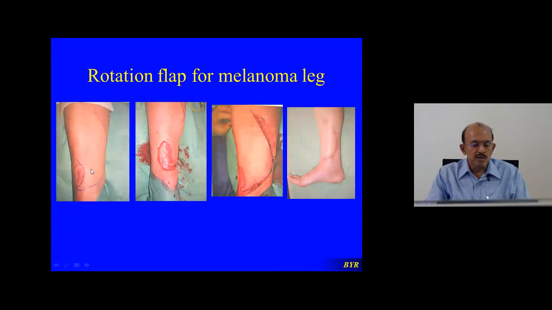For the flap to survive, how much base should be there? This is the base, where the blood supply is being derived. How much base should be there and how much arc has to be taken, all these have calculations. Basing on those calculations, the plastic surgeons will construct it.